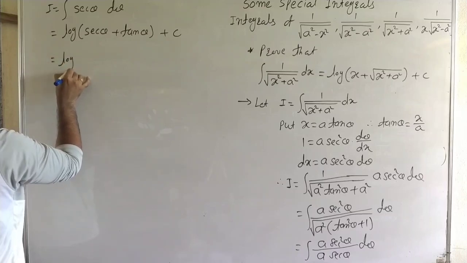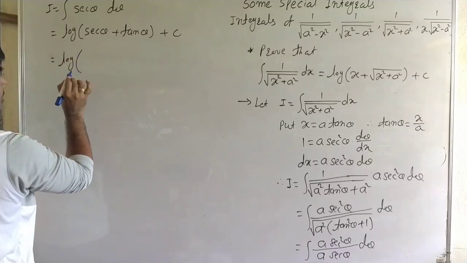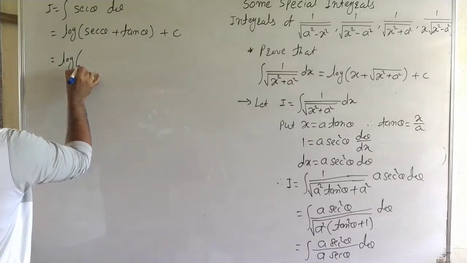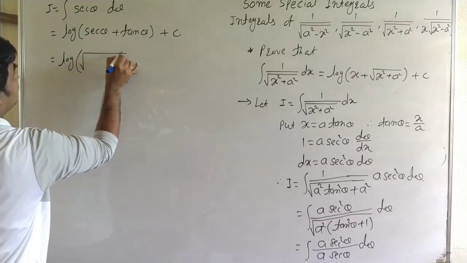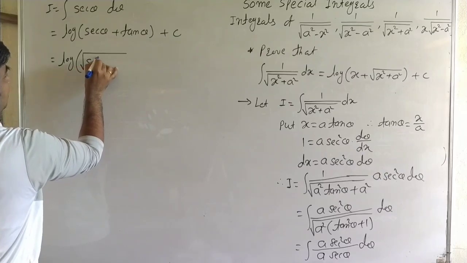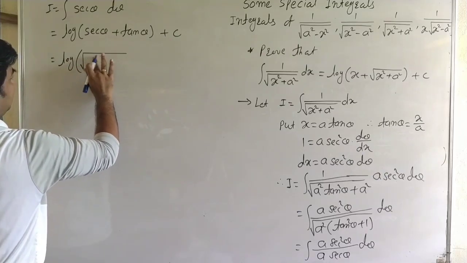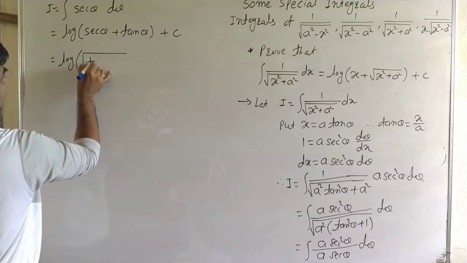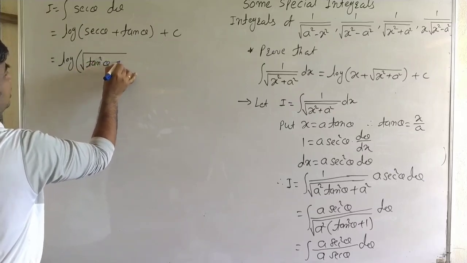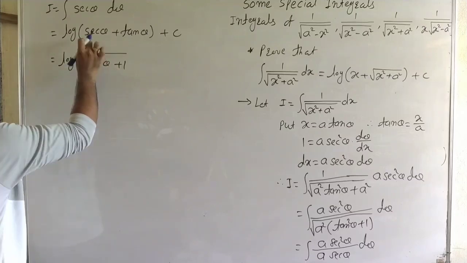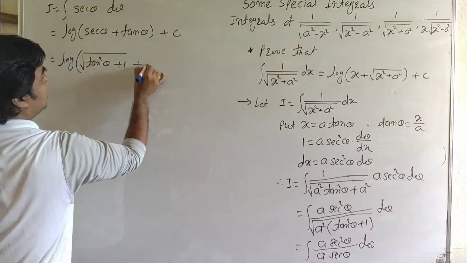Then see carefully, log of sec theta: sec square theta is equal to 1 plus tan square theta, so we can write it as under root of tan square theta plus 1. Tan square theta plus 1 is sec square theta, and under root of sec square theta is sec theta. And plus tan theta as it is.